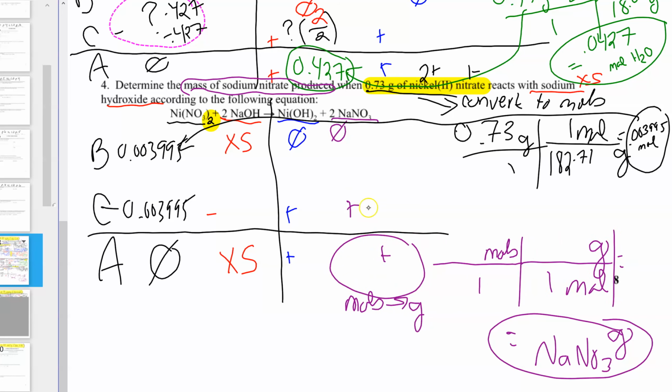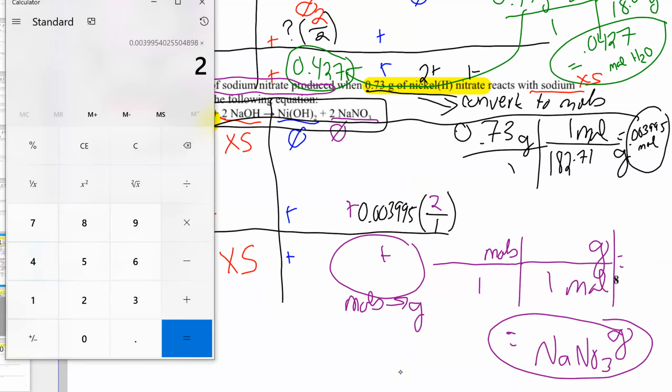I'm going to be producing 0.003995 times the ratio of the unknown sodium nitrate to the known nickel 2 nitrate. Remember, this is where I pull those mole ratios from. This is my recipe. That's where these numbers right here come from. So what are we doing? Essentially, we're doubling it. So times 2. How many moles did I make? 0.00799.